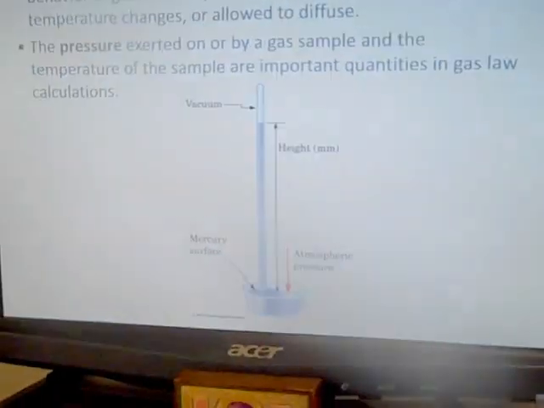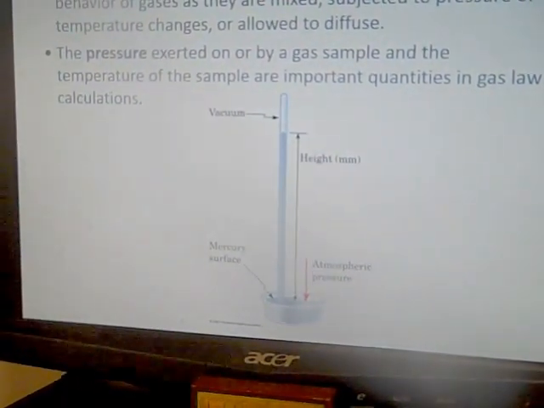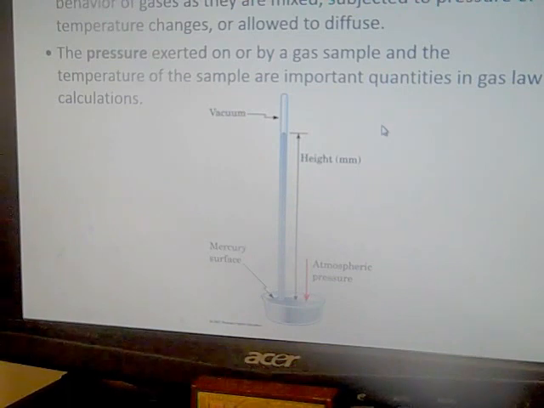Okay. Similarly, when we measure changes in the pressure, pressure is a force per unit area. That's something that's difficult to see, but what we can do is measure changes in the volume. This is a diagram of a barometer. This is a mercury source. This is the atmospheric pressure. The atmospheric pressure pushes against this column of mercury, and then it goes up this column.